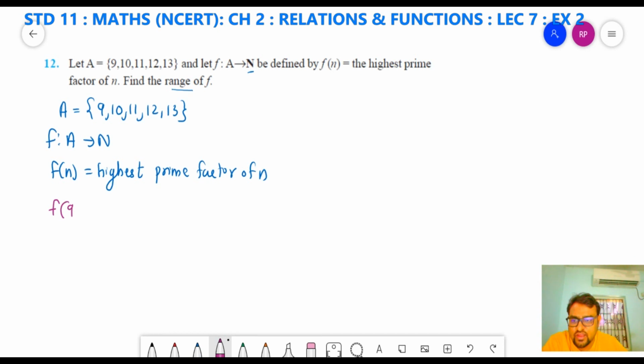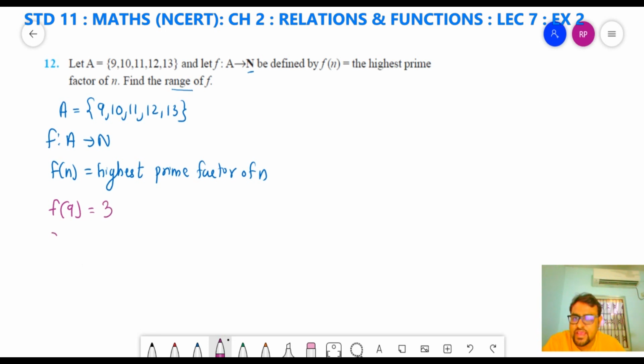So what are the factors of 9? The factors of 9 are 1, 3 and 9, right? Out of that, prime factors. So how many prime? Only one. So highest will be that only. Clear? So here the answer will be equal to 3.